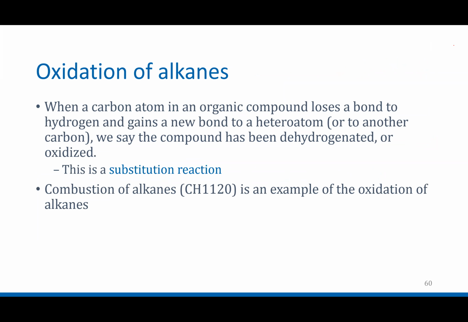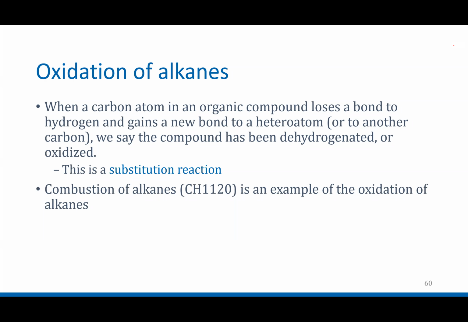So, for example, in this situation with alkanes, when a carbon atom loses a bond to a hydrogen and gains a new bond to a heteroatom, something like chlorine or oxygen, we say the compound has been dehydrogenated or oxidized, meaning we've removed a hydrogen atom to form a bond.